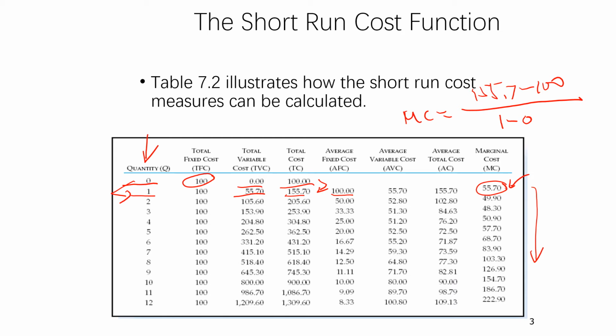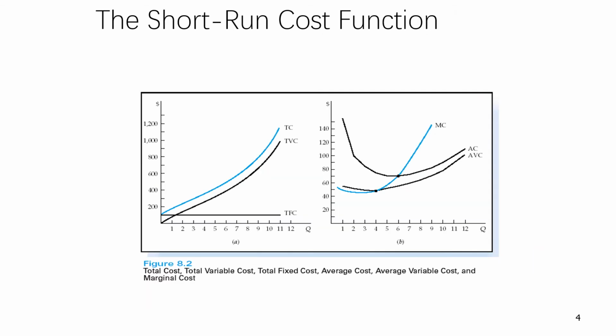Then, using the data of this table, we can plot the cost functions. So this is total cost as a function of quantity, and the total variable cost and total fixed cost as a function of quantity. And this is average cost, average variable cost, and marginal cost.